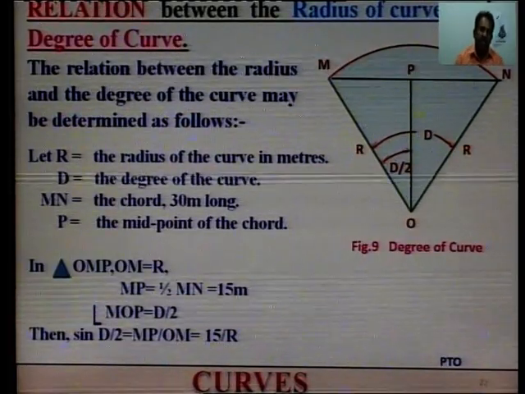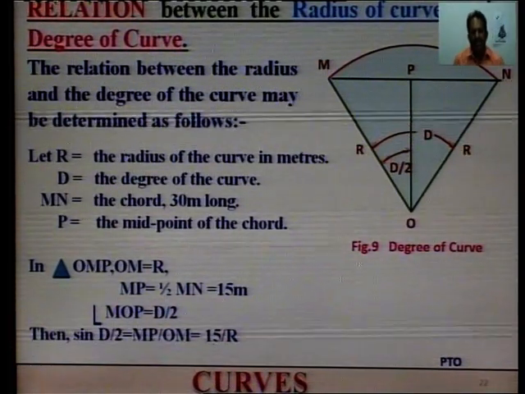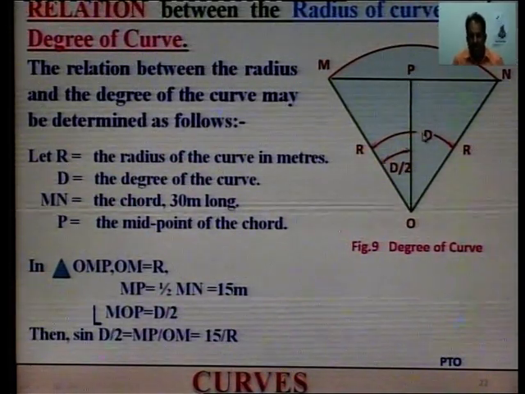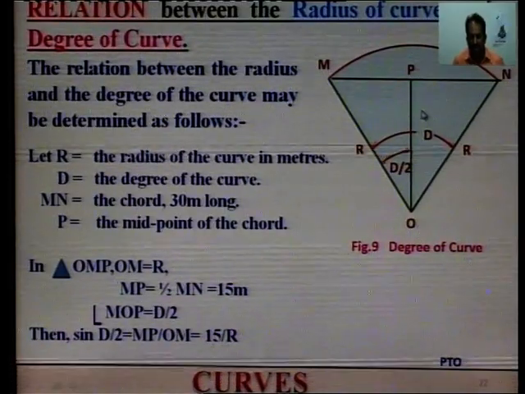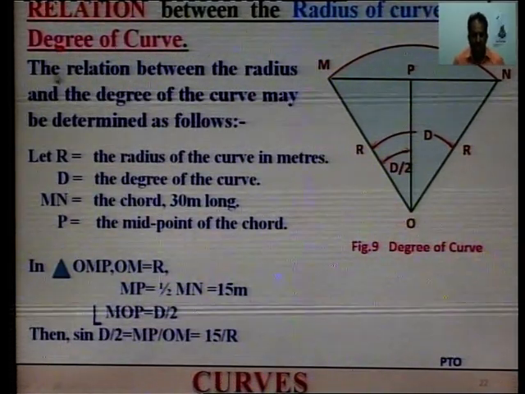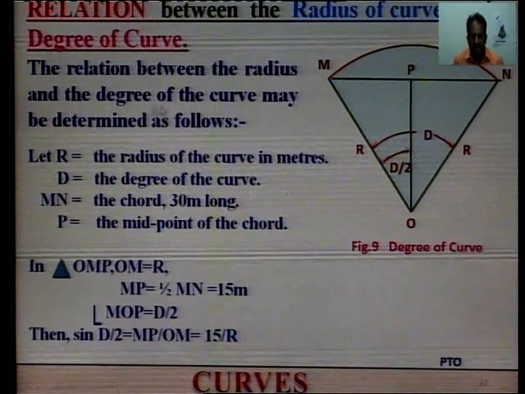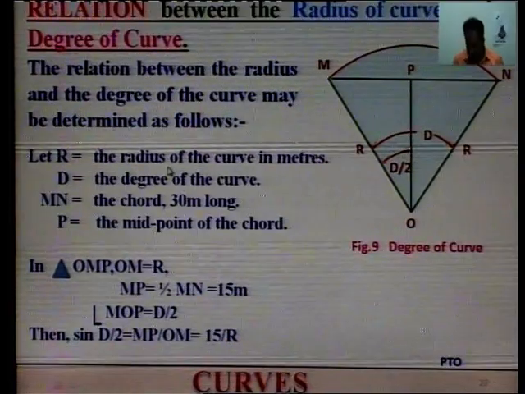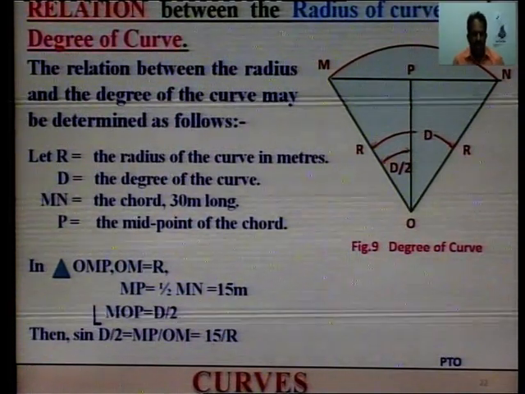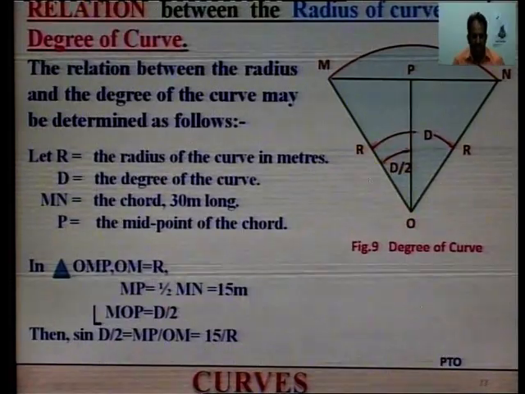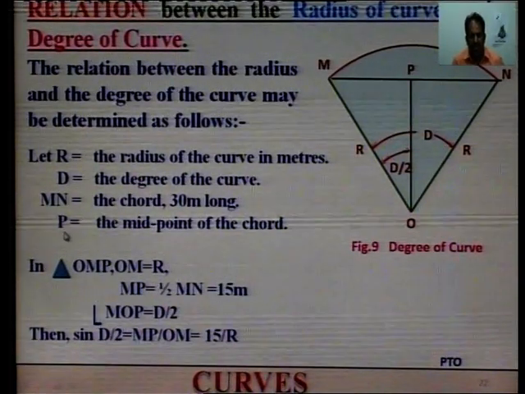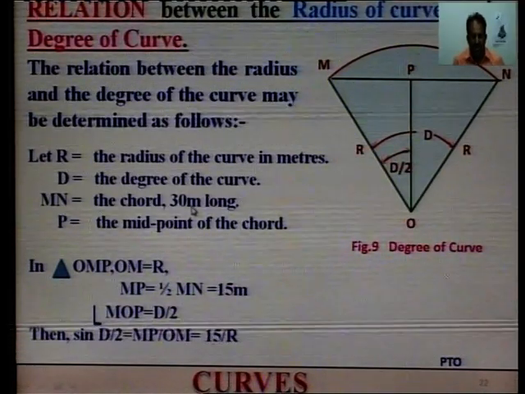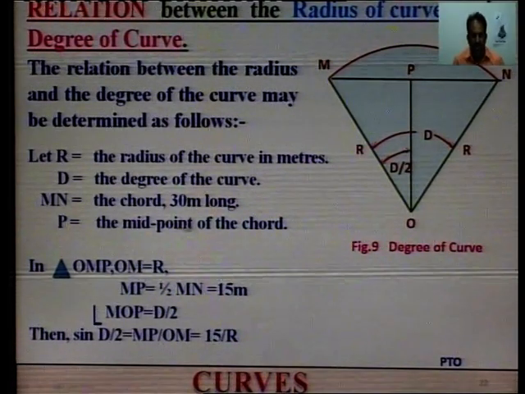What is the relation between the radius of the curve and the degree of the curve? Now, you see on your screen, radius is shown, degree of the curve is also shown, length of long chord is shown and an arc is shown. The relation may be determined as follows. Let r be the radius of the curve in meters, d the degree of the curve, MN the chord which is 30 meters long, and P the midpoint of the chord.